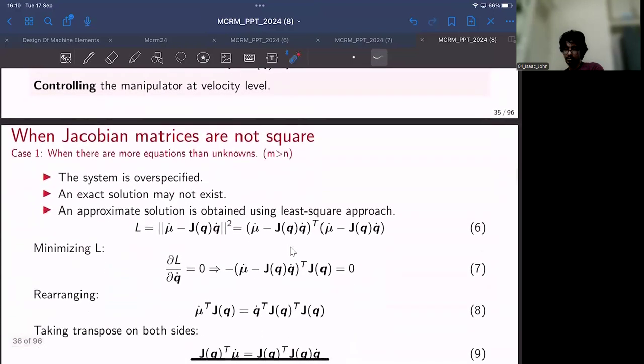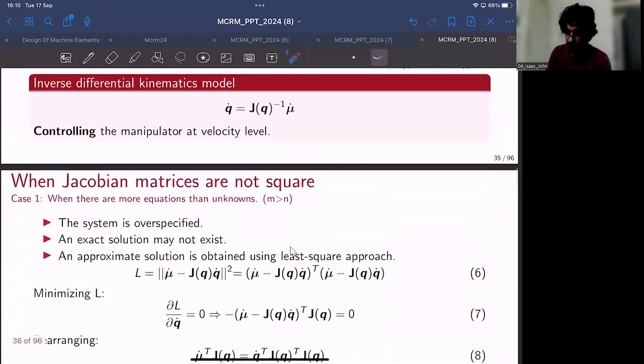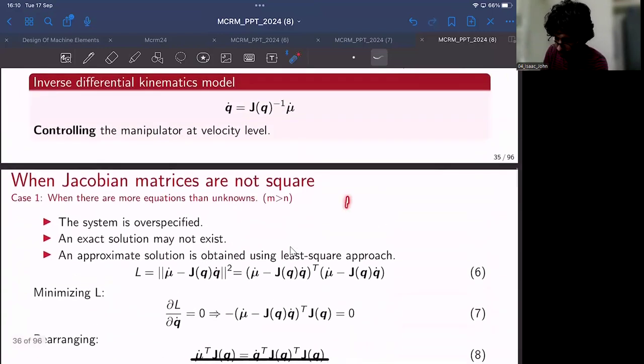Okay, so now you may have also come across cases where the Jacobian matrix is not square. For example, mu dot is J multiplied by Q dot.